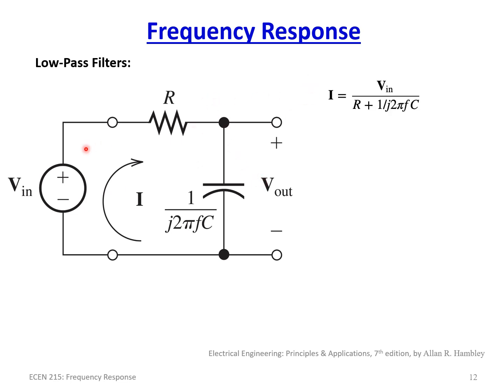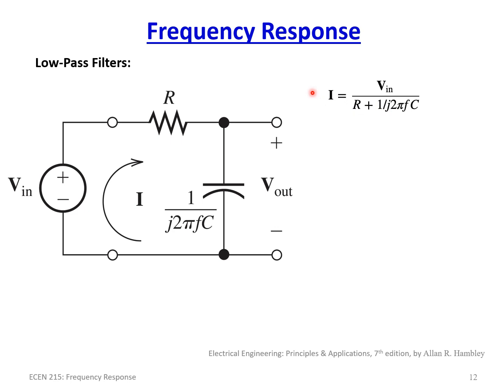So the current going through this, doing mesh analysis, is equal to V in. So we've got that times the resistance R, and the current going through the capacitor, which is the 1 over j omega c.